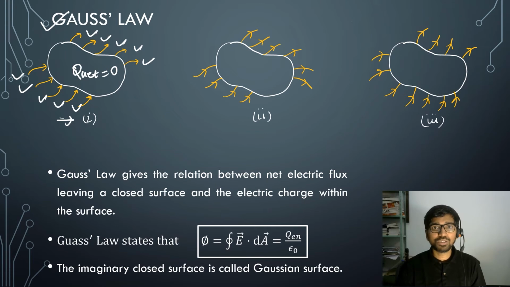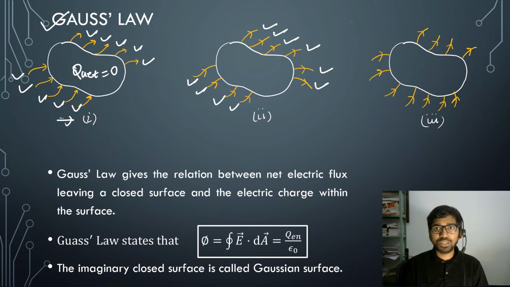Let's discuss the second case. In case 2, the number of electric field lines leaving the surface is greater than the number of electric field lines entering the surface. That is, the region must contain some positive electric charge from which those extra field lines are emerging out of this surface. Therefore, the net charge inside the surface must be positive.